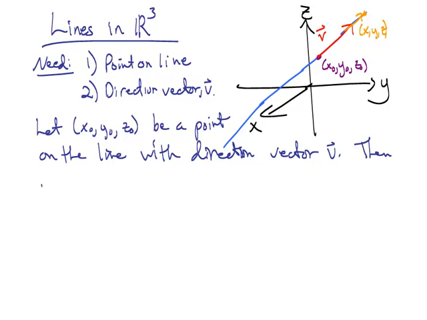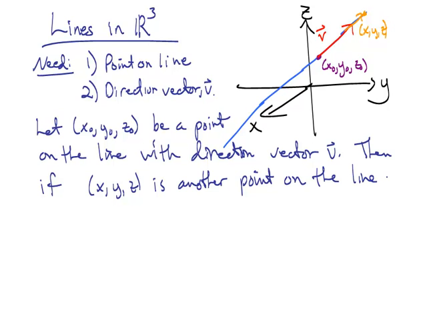Then, if we have any other point on our line, x, y, z, or we want to be able to describe all the points that are on that line in terms of x, y, and z, we're going to have the following. I'm going to form the vector from x naught, y naught, z naught to x, y, z. So that looks like this: x minus x naught, y minus y naught, z minus z naught. Well, that's going to be equal to some scalar multiple of our direction vector.